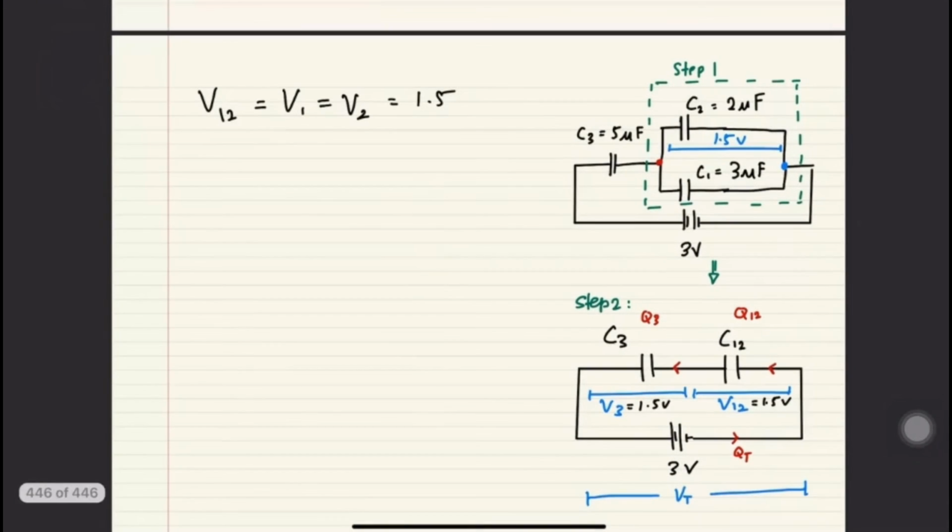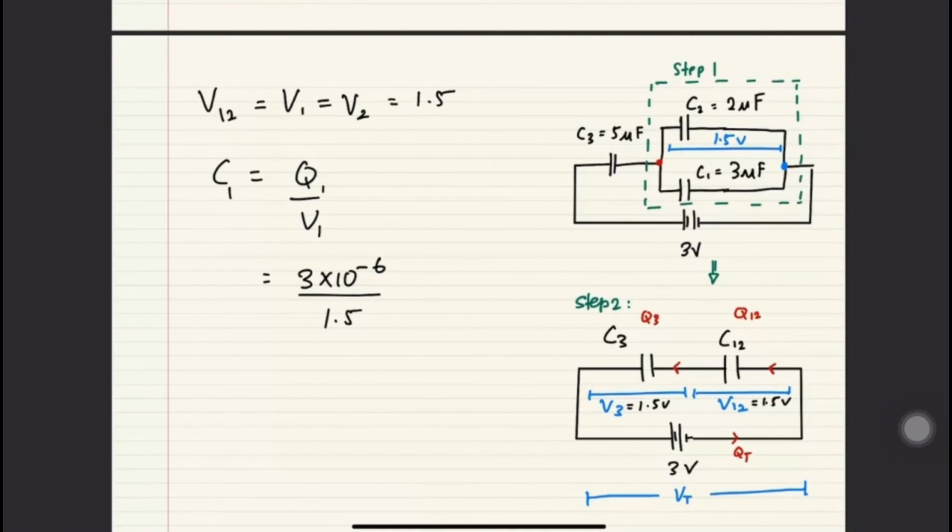So if I want to find my Q1, C sama dengan Q over V. C1, Q1, V1. Sorry, C yang diberi salah. Padam.